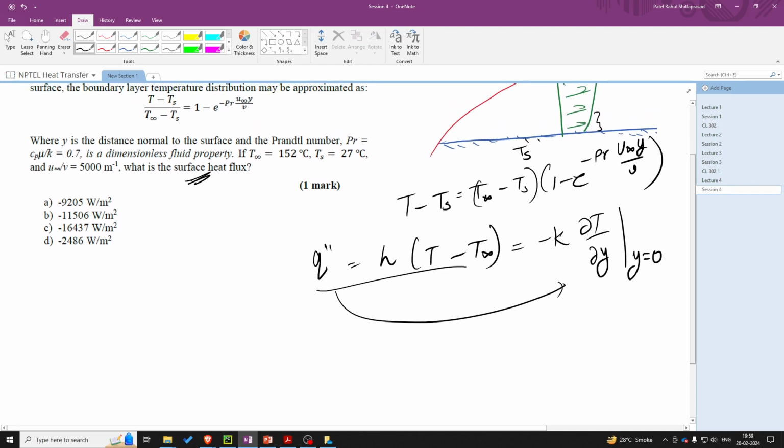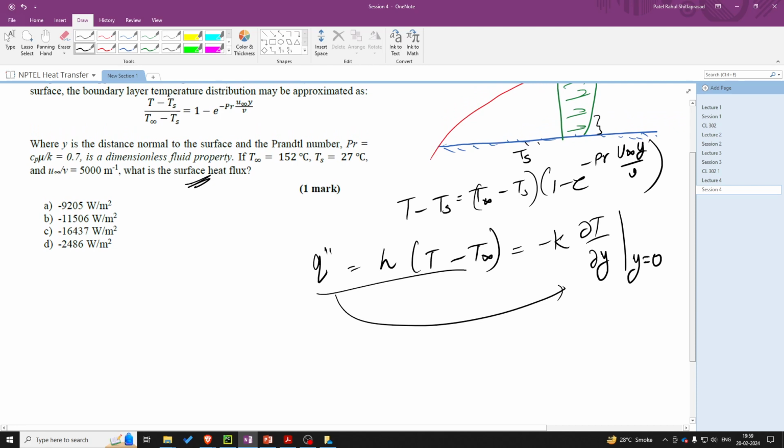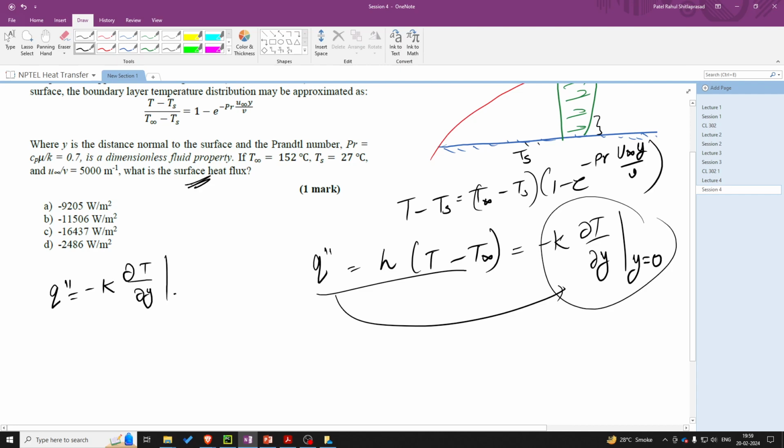But in the question we haven't been given the convective heat transfer coefficient, so we will use the conductive heat transfer. That is, q double dash is equal to minus of k del T by del y at y equal to 0. So we need to find this temperature gradient at y equal to 0.